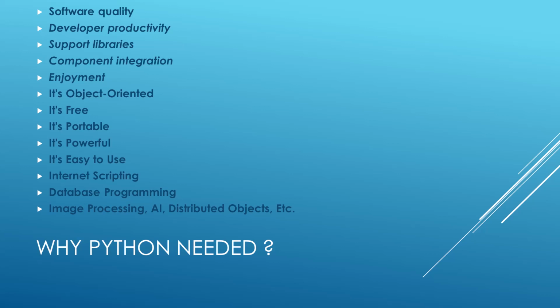It's powerful. From a features perspective, Python is something of a hybrid. Its tool set places it between traditional scripting languages, such as TCL, Scheme, and Perl, and systems languages, such as C, C++, and Java.